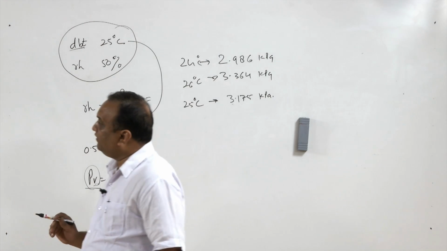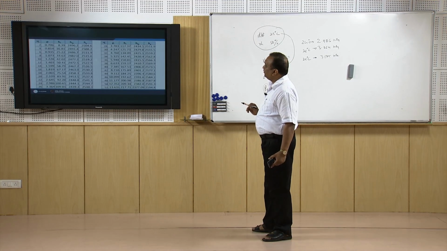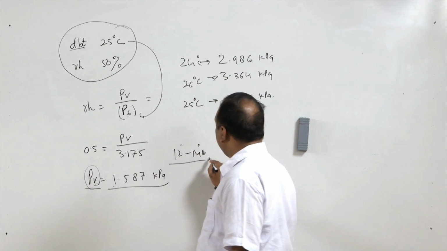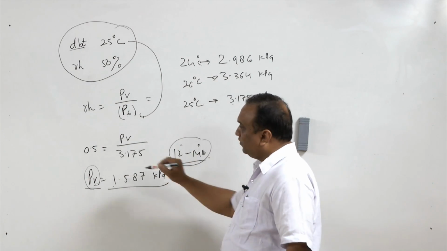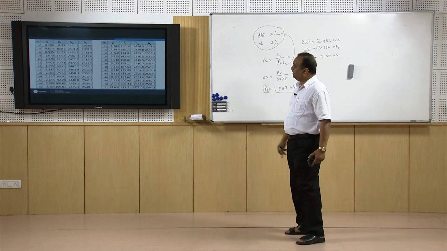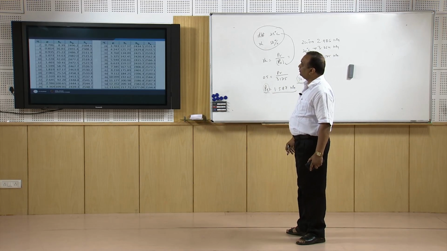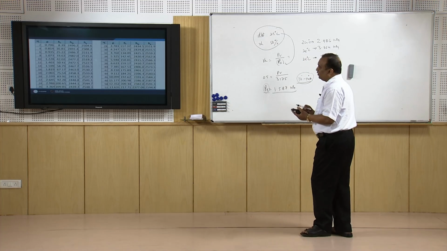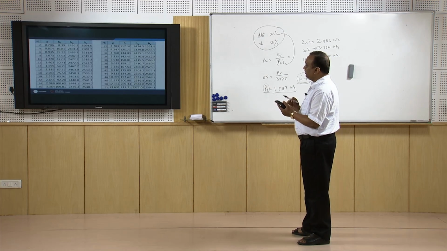So, 1.587 will be between 12 and 14, yes, it will be between 12 to 14 degrees centigrade. This temperature we can attain by doing linear interpolation of the values between 12 and 14 degrees centigrade. I think it is going to be close to 13 degrees centigrade.